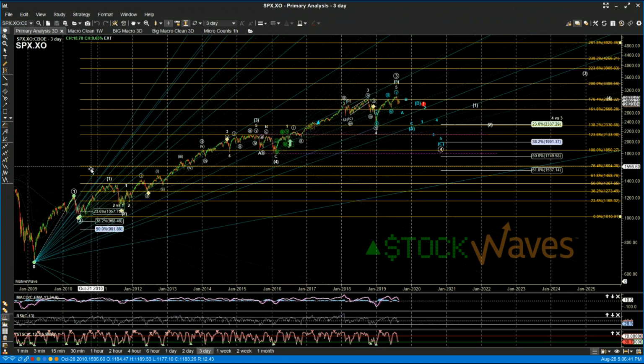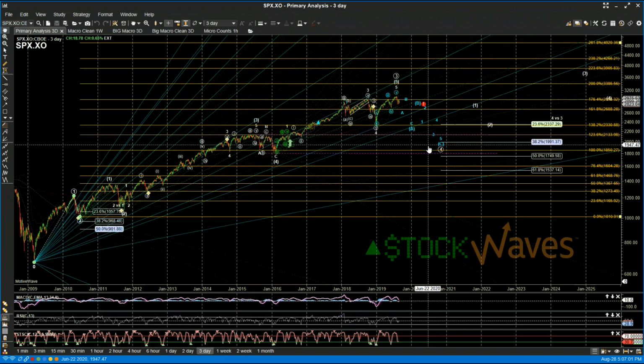And then we have our yellow Fibonacci projection. And then inside our primary wave 3 here, we can count 1, 2, 3, 4, 5 that fits very nicely with Fibonacci pinball. And that puts us looking for a primary degree wave 4 that we talked about a few weeks ago.